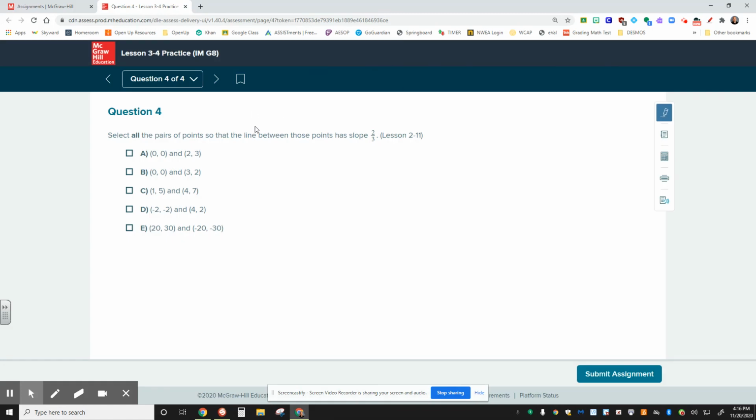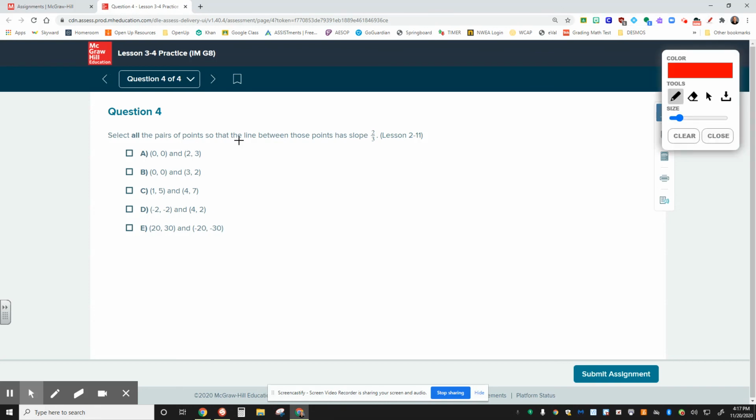Select all the pairs of points so that the line between those points has a slope of 2/3. So I have to understand which of all of these equals 2/3. Keep in mind with this, that if the slope is 2/3, between this point right here and this point right here, I have a rise, change in y over change in x, equals 2/3.